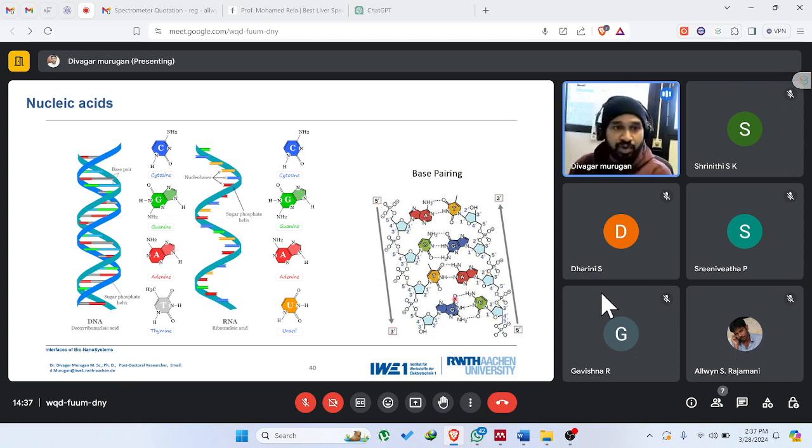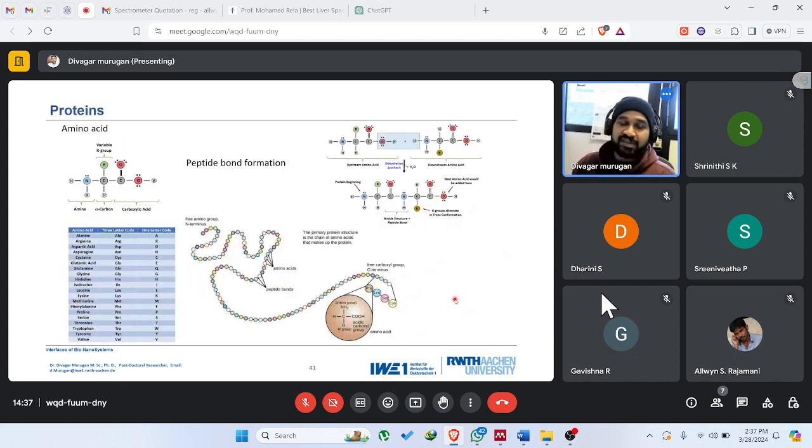In case of protein molecules, we have to start with what a protein molecule is. Simply, it is a chain of amino acid residues. We have 20 different amino acids in our body. All these 20 different amino acids combine together by peptide bonds to form an amino acid chain.